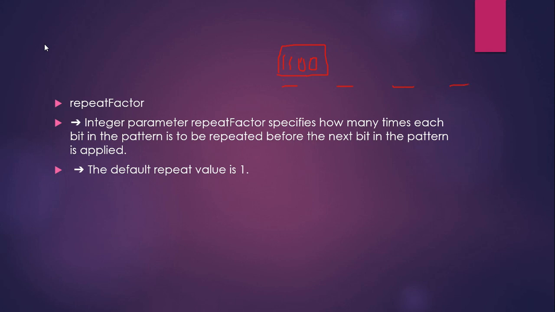So like this you may get the pattern for 1100 with repeat factor 1. This is nothing but the integer parameter repeat factor specifying how many times each bit in the pattern is to be repeated before the next bit in the pattern is applied.